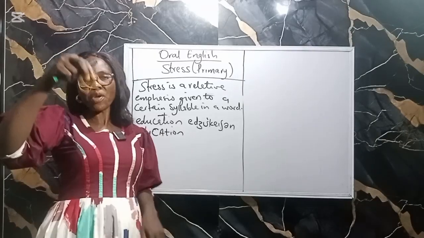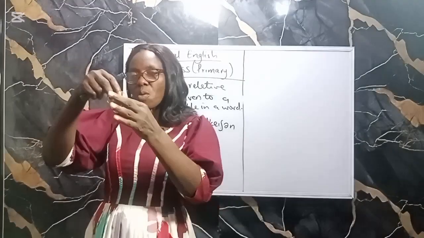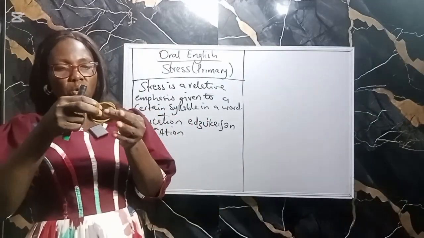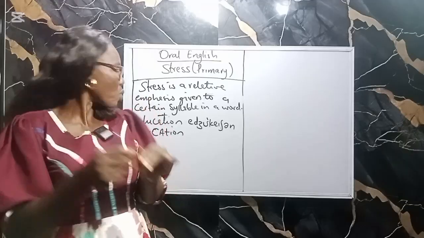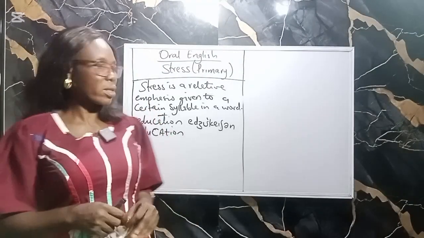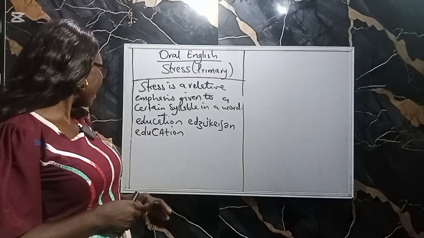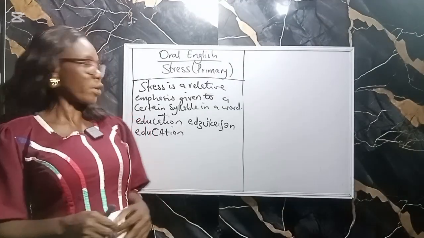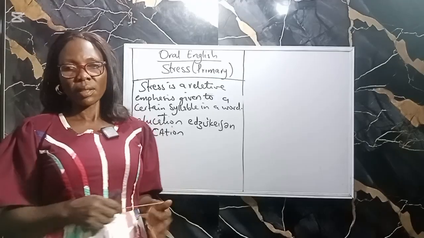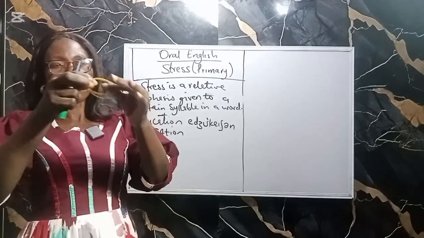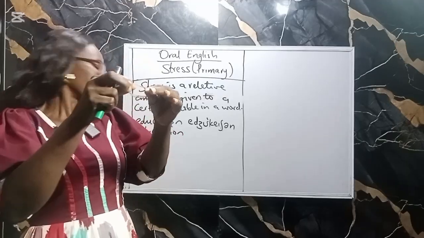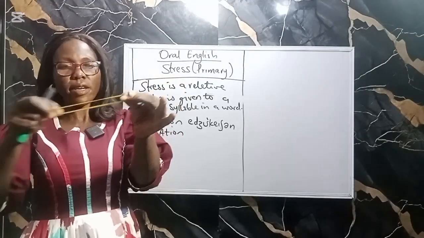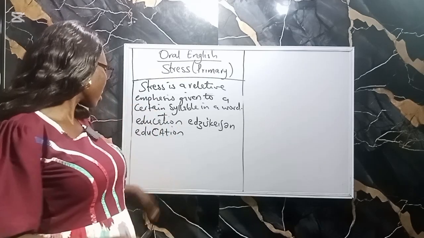Like I told you, we use this rubber to show where to stress. We leave it relaxed or slack when the syllable is not stressed. We can see that the first and second syllable in education are not stressed. So see the rubber now. Education. Do you see it?